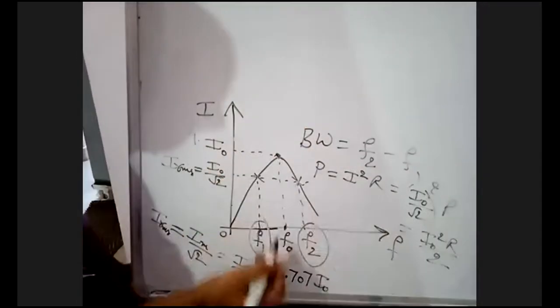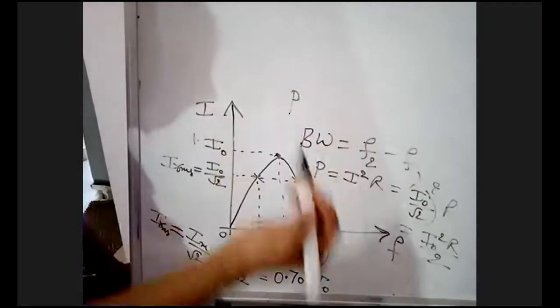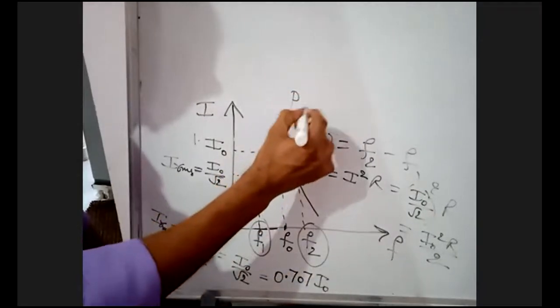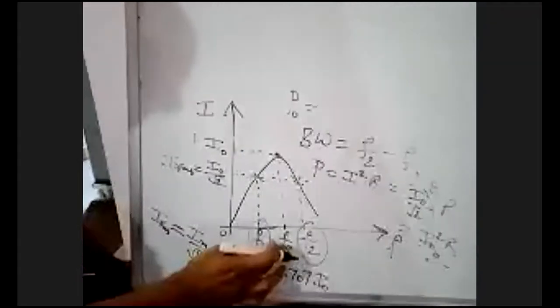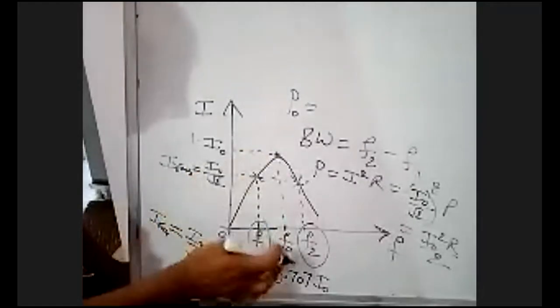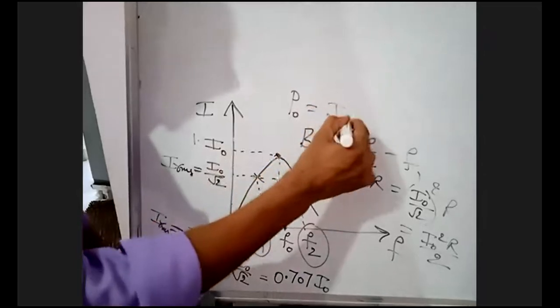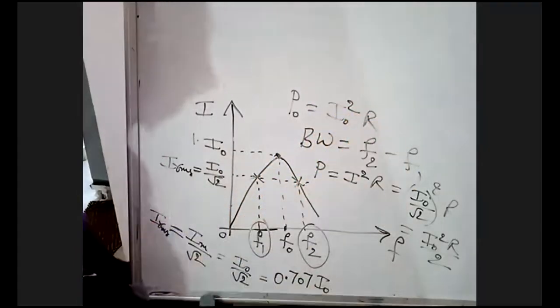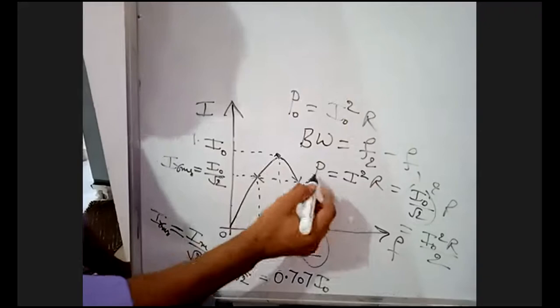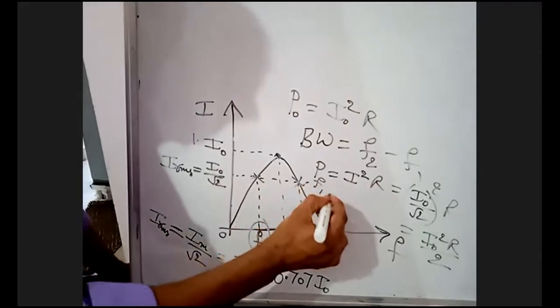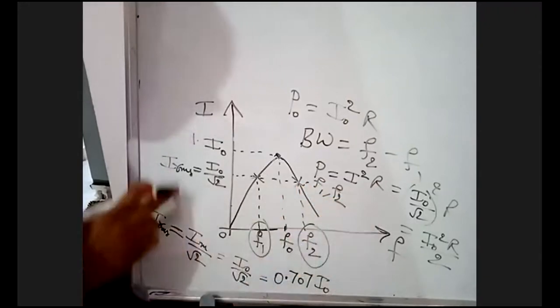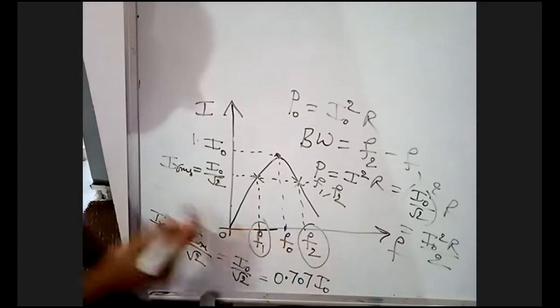At resonant frequency the current is I0, so the power is I0 square into R, which is P0. P is the power at F1 and F2.